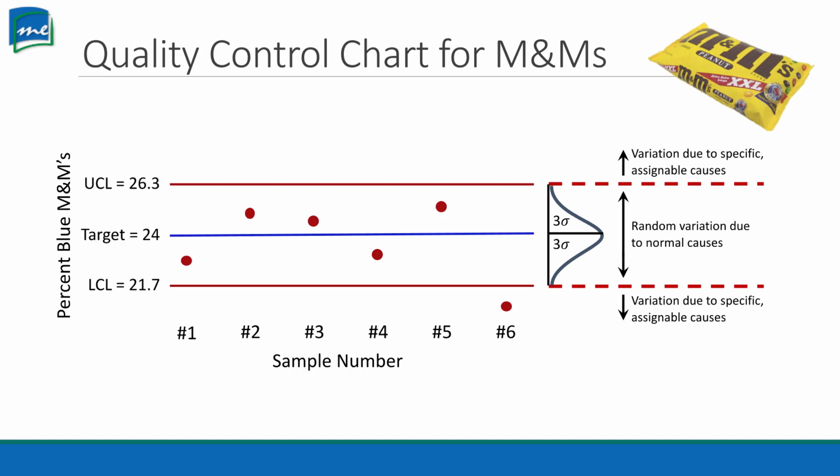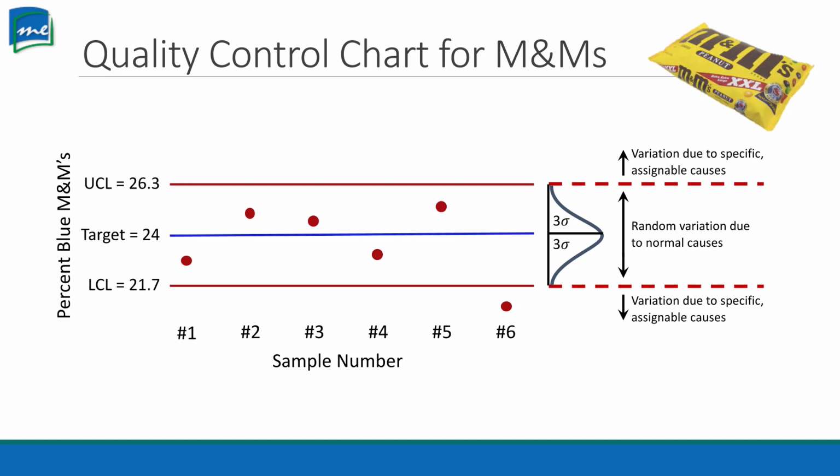Now these control limits are developed on 3 sigma from your target. So we see that all the points except for number 6 are within our control limits. If they're within our control limits, we really can't do anything because that's random variation.